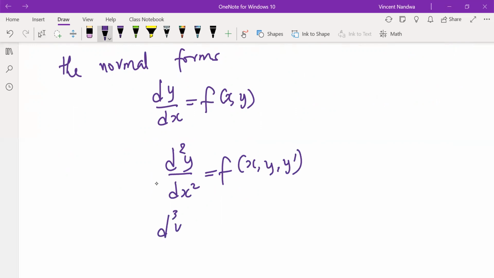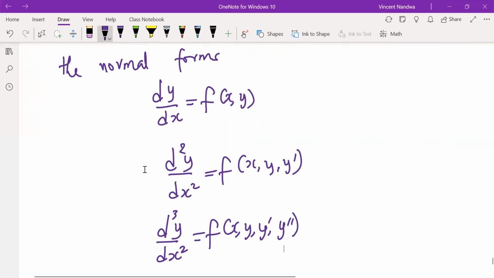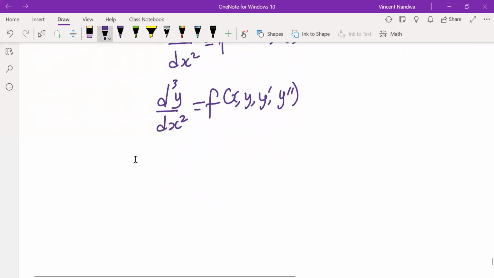Or d cubed y/dx cubed is a function of x, y, first derivative, and then second derivative. So that was just by the way from our earlier discussion.